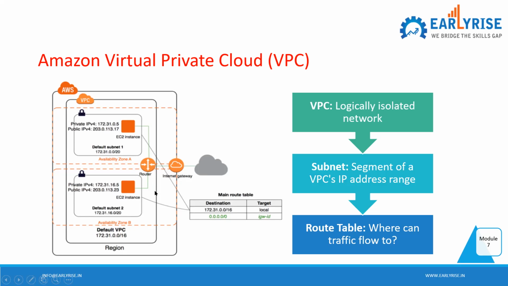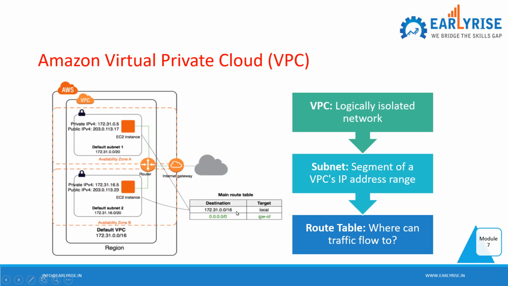Whenever you are creating your account, you get one VPC. At that time you get all the subnets and the main route table also, right? It will be controlling the routing for all the subnets which don't have any separate dedicated route table association.